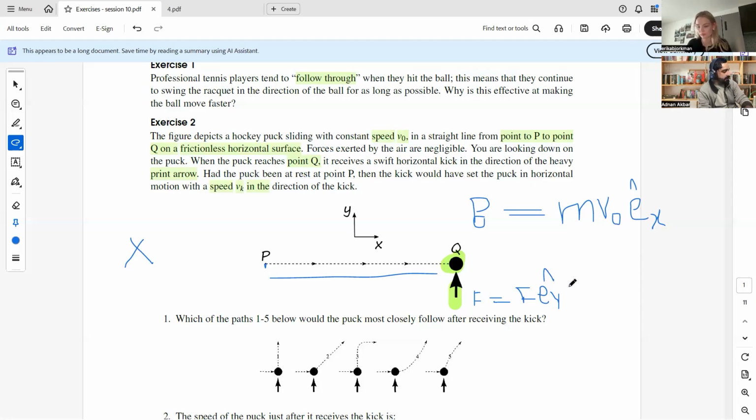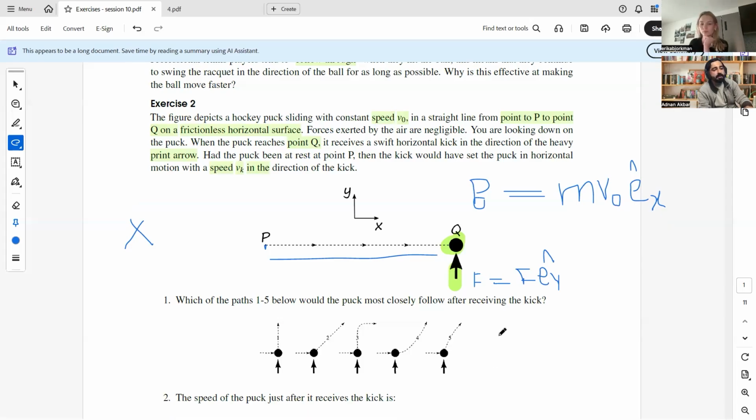And as a result, as it is acting on the puck for a time delta t, just like an impulse. And we know the change in momentum is actually the product of applied force and a short specific time. So we can write F delta t, that is actually the definition of the impulse.